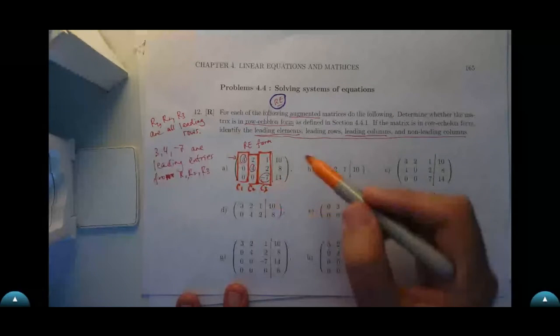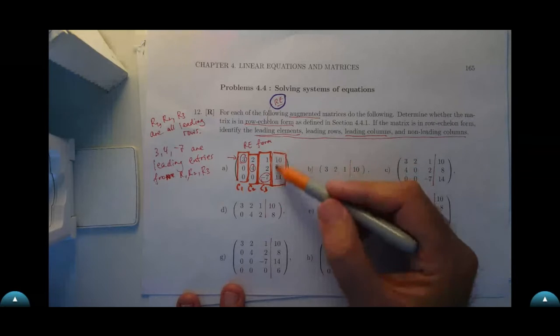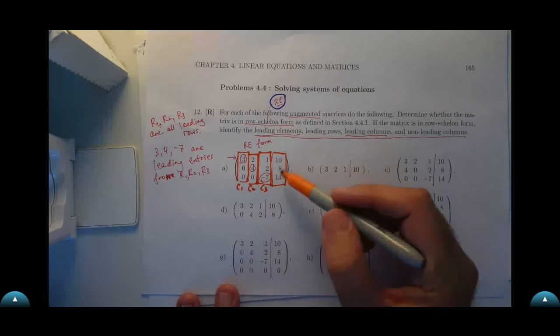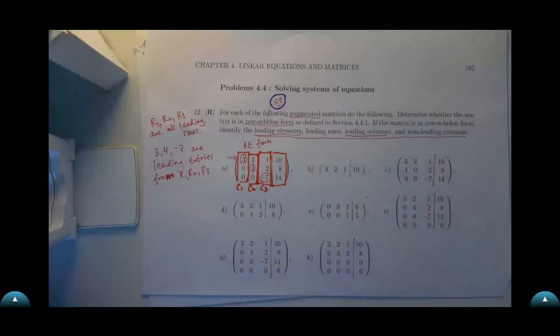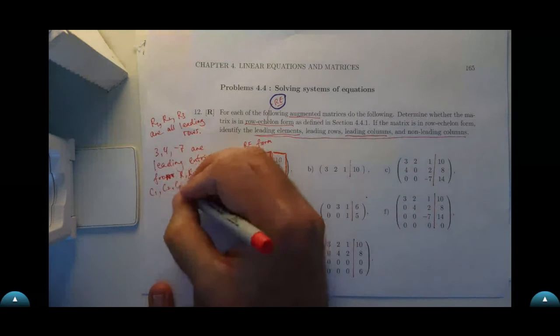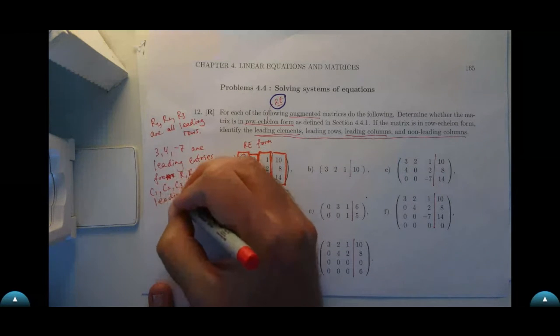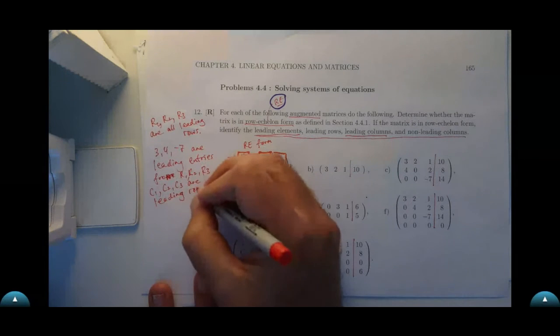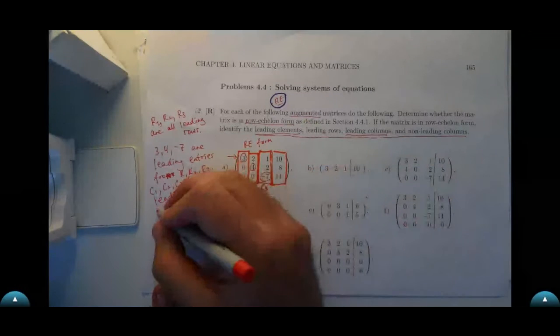Yes. Column 4, does that contain a leading entry from some row? No. So C1, C2, and C3 are all leading columns, but C4 is not leading.